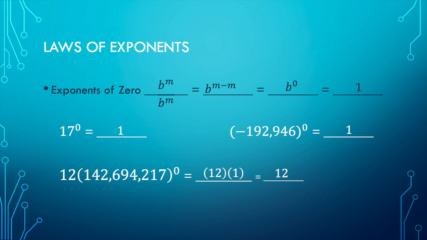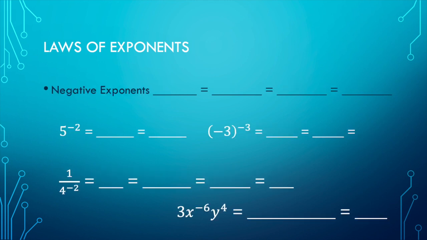The next law that we're going to talk about will be negative exponents. Okay, so we're going to start with an exponential expression that looks like this: 1 over b to the m. We just said that 1 is equal to b to the 0. So I just replaced 1 with b to the 0 here. Well, using our quotient rule, I can say that this is b to the 0 minus m, which is b to the negative m.